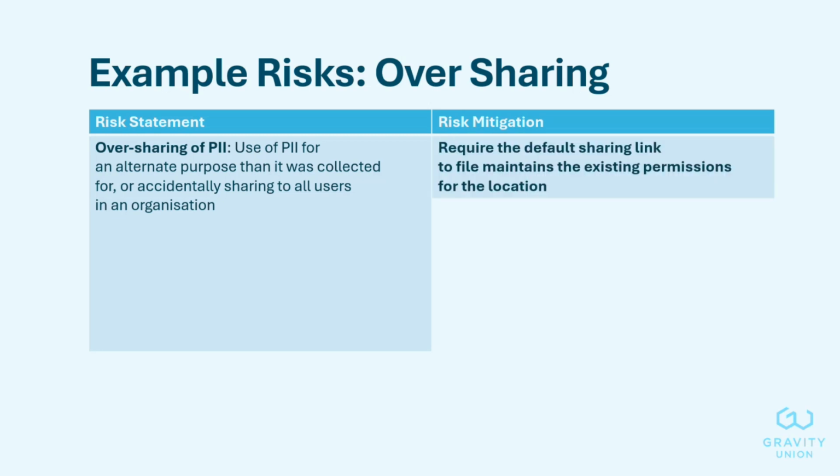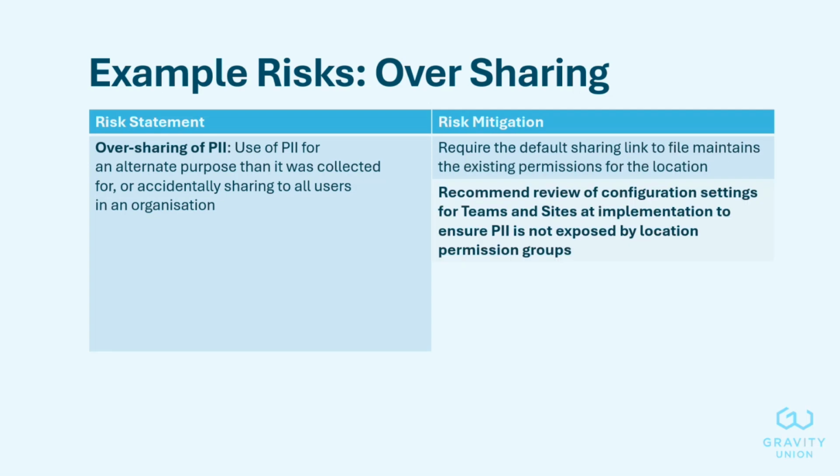So some steps that you can take, particularly to restrict the risk of sharing outside of the initial audience, is to require that the default sharing link to a file maintains the existing permissions for that location, be it a SharePoint site or library or a OneDrive account.